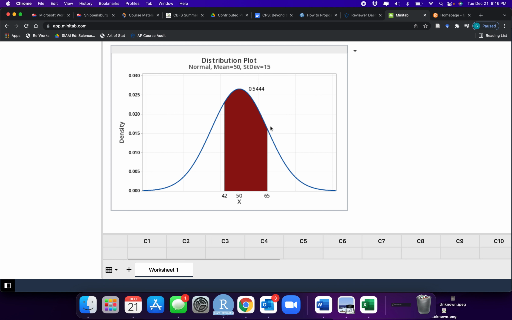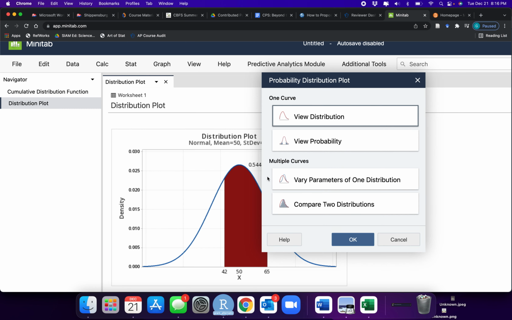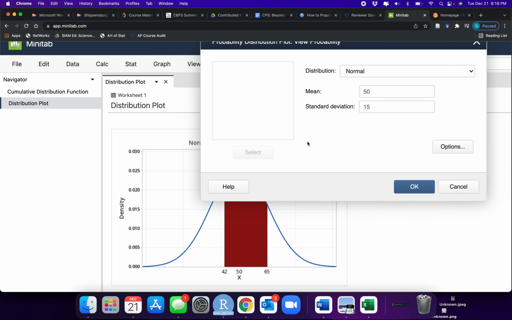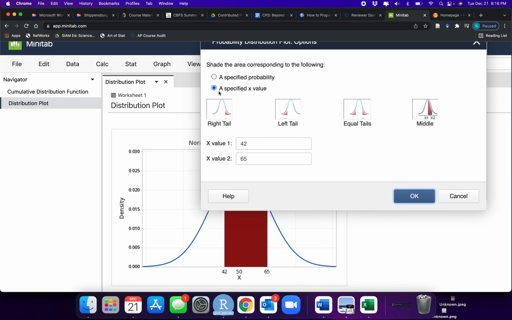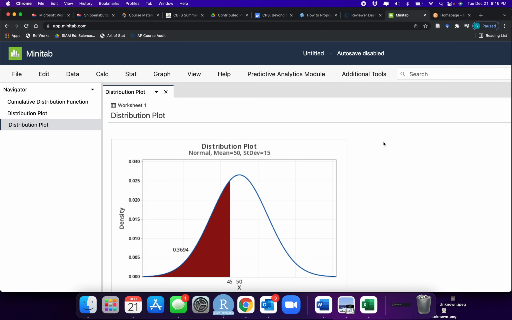For question number 1, less than 45, I would go to graph, probability distribution plot, view probability, options, a specified x value, and left tail because it was less than. So less than 45 is 0.3694.